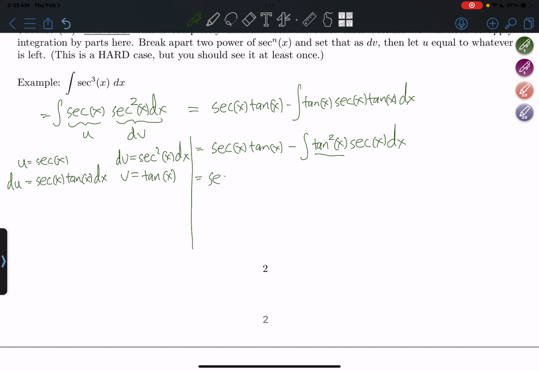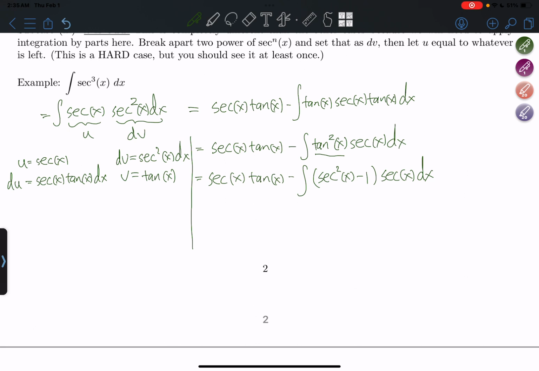So here we go. We have secant x tangent x minus the integral. This tangent squared x becomes secant squared x minus 1, and then times the secant x dx.